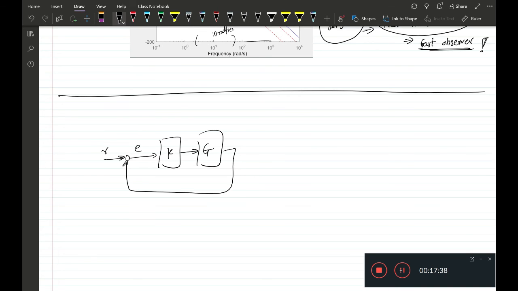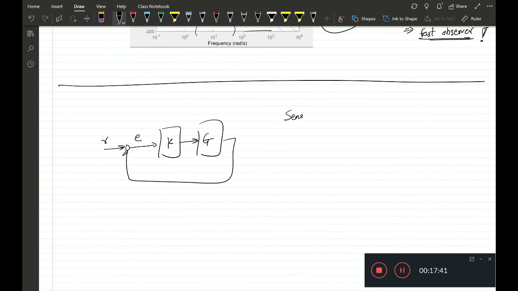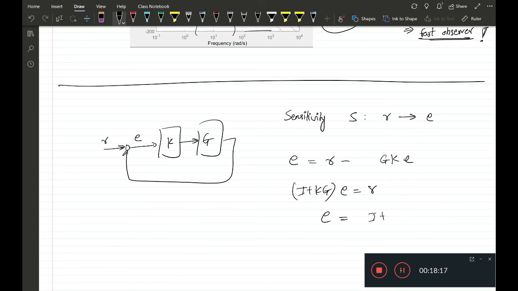The sensitivity, or the loop sensitivity, denoted by S, is the transfer function from R to E. So we see that E is nothing but R minus KG E. That just means I plus KG times E equals R, and if I invert this, I get this, and this thing is called the sensitivity.